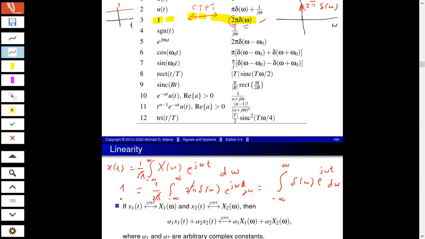And of course, when we evaluate this integral, we get 1. How will you interpret this? So how do you interpret this thing? If you can interpret this thing, then you should be able to interpret this thing.